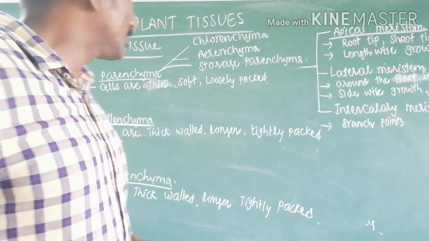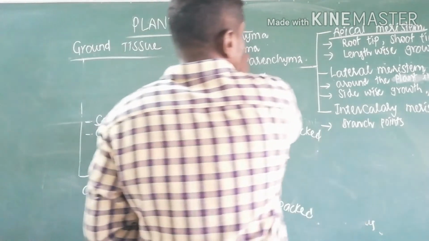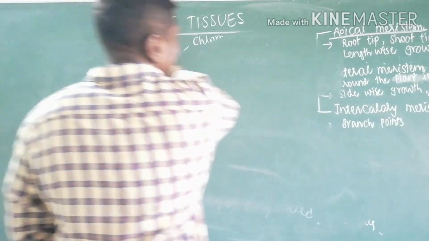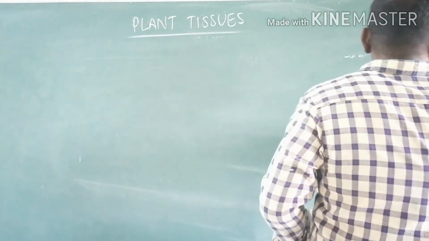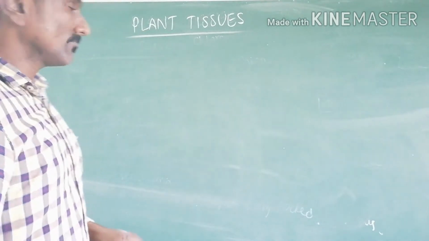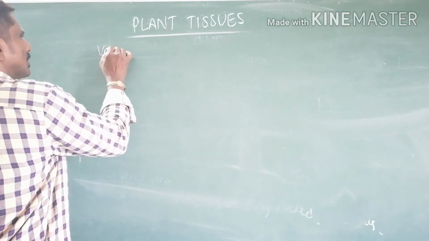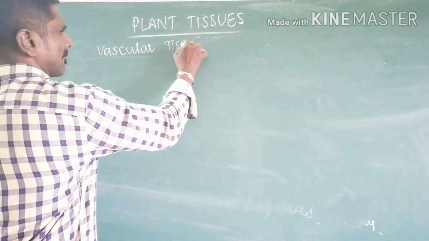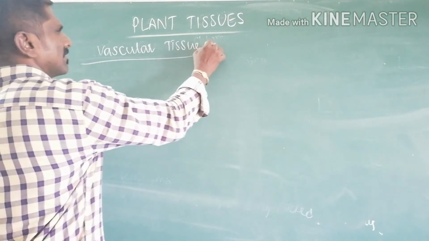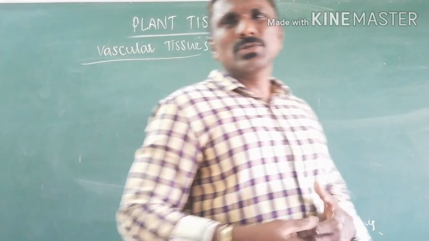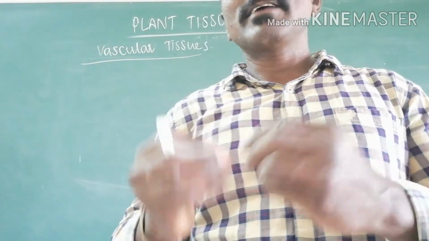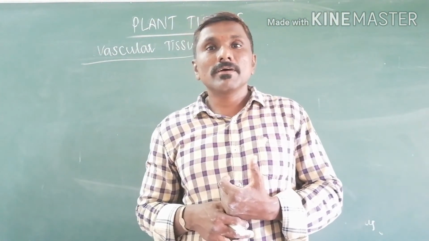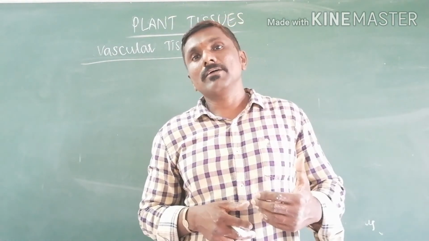And coming to another tissue here, vascular tissues. The name itself indicates that these are vessels in the plant body to transport the metabolites from one part of the plant body to the other.